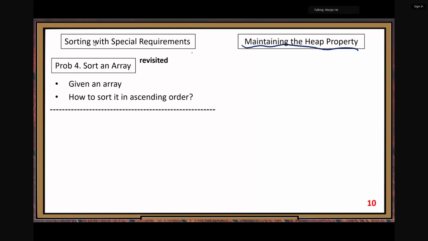Suppose we have a heap. Let me draw a simple heap in this way. Suppose this is our current heap. Now, let's assume we need to insert a new element into the current max heap.